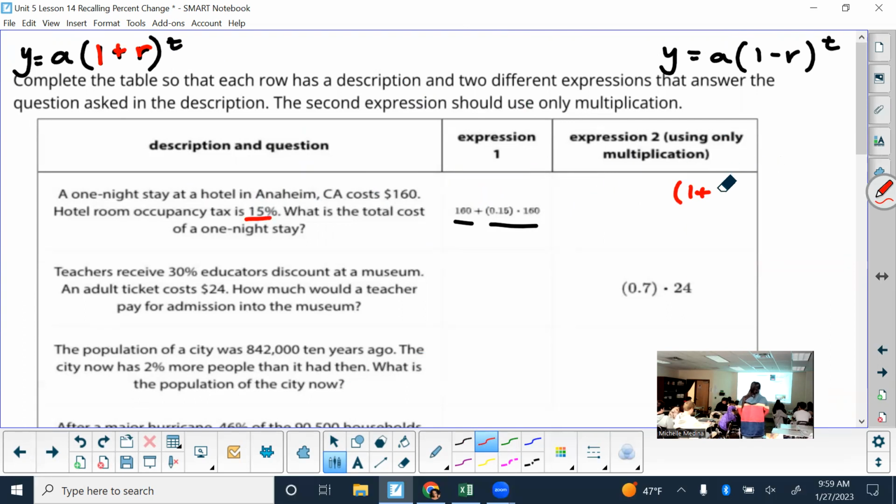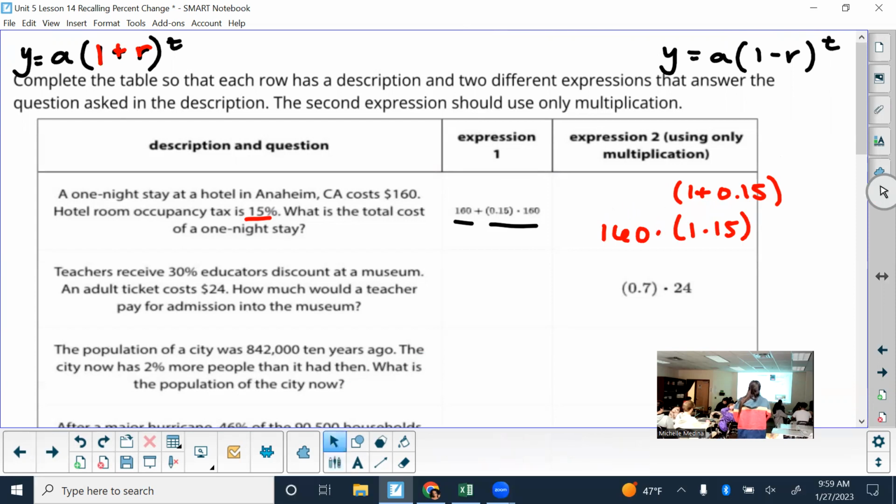What's the rate as a decimal? If you add the 1 plus the 0.15, that gives you 1.15. And that you can multiply by the original price to get your value, what you're paying. Does that make sense? Maybe, maybe not. All right, we'll keep practicing with it.